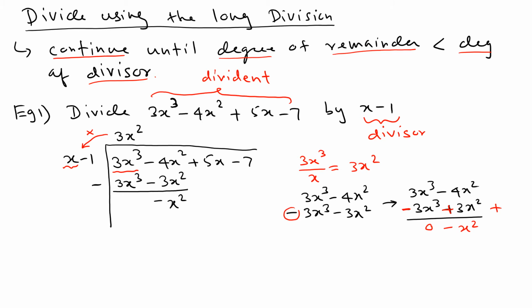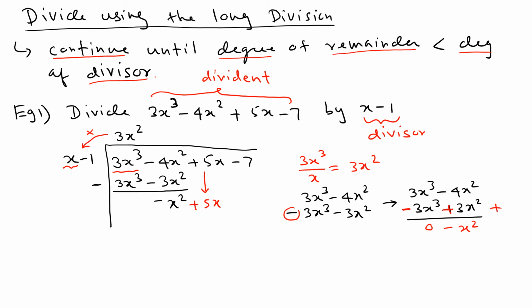Then the next step is to move a term down. We move only the next term down, just the next one. In this case it is plus 5x. You move that, and then again you compare.